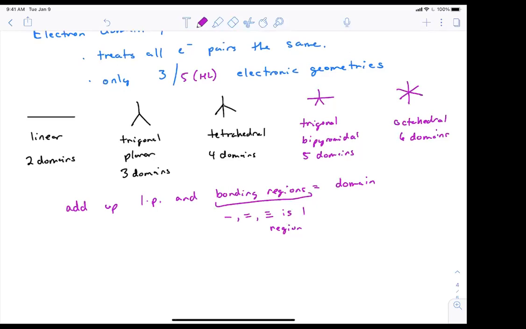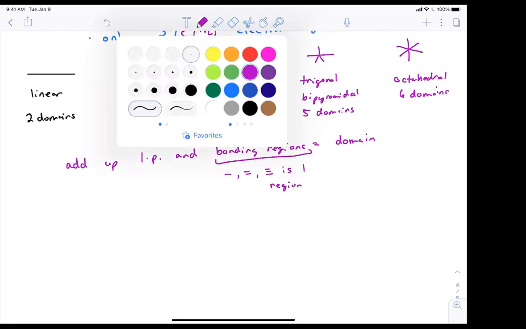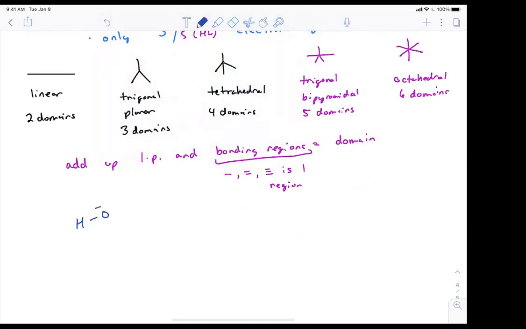Good. So if you have water, for example, water would have 4 domains on the oxygen. You'd have 1, 2, 3, 4.